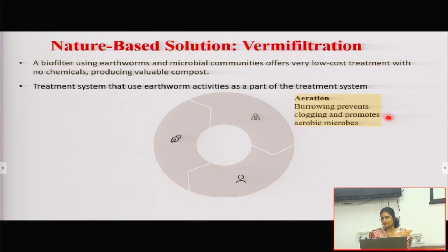If it's a biofilter, you would definitely want it to be well aerated, because, no, sorry, it is a soil-based system. So micro aeration is increased.